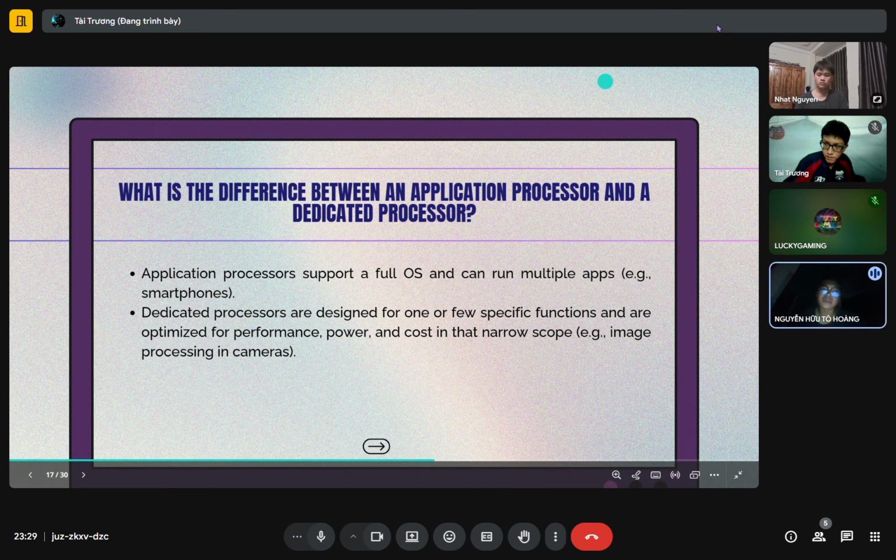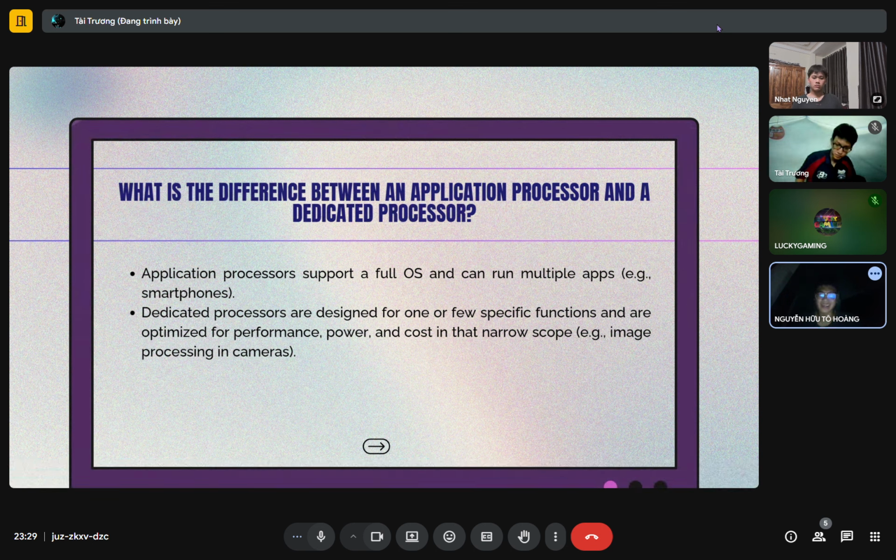The second, dedicated processors, are designed for one or a few specific functions and are optimized for performance, power, and cost in that narrow scope. You can use a camera to detect people in the frame. This is image processing in the camera.